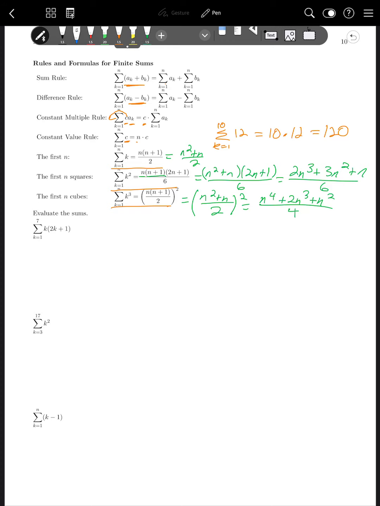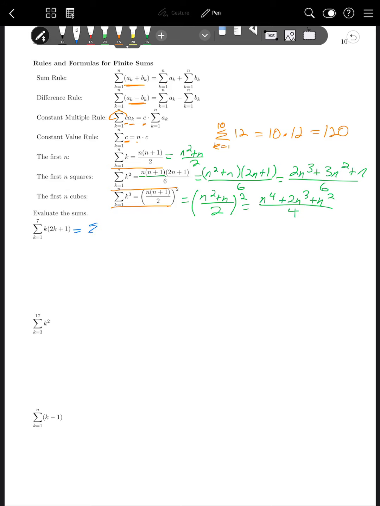So the idea behind these rules is to use the first three rules to write our summation in one of the last four forms. So in this first one, the first thing I want to do is get rid of those parentheses, because nowhere up here does it talk about multiplying a variable times a variable.